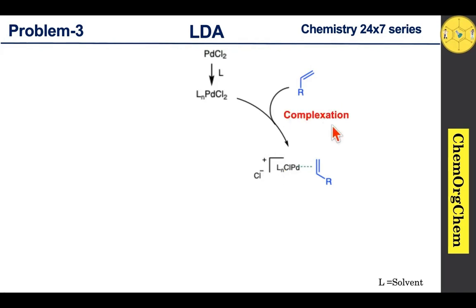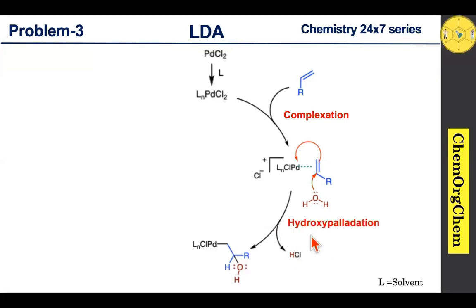This particular process is called complexation. Followed by the complexation, water reacts with this intermediate. Here you see that oxygen of water has two lone pairs of electrons, and one of the lone pairs regioselectively attacks this alkene, particularly this carbon, followed by which the electron pair attacks the palladium center. Due to steric reasons, the water regioselectively attacks this particular carbon, which yields this corresponding intermediate along with hydrochloric acid elimination.